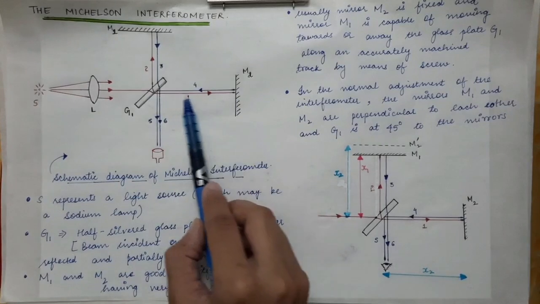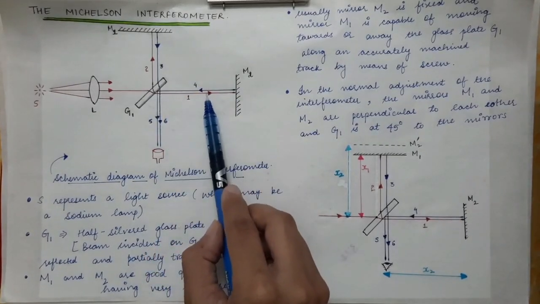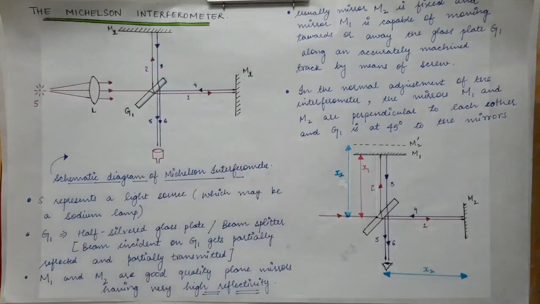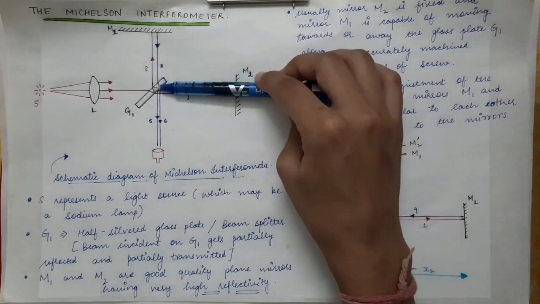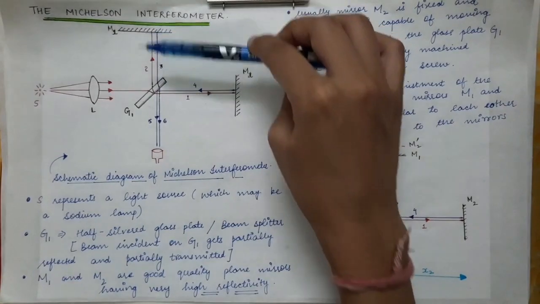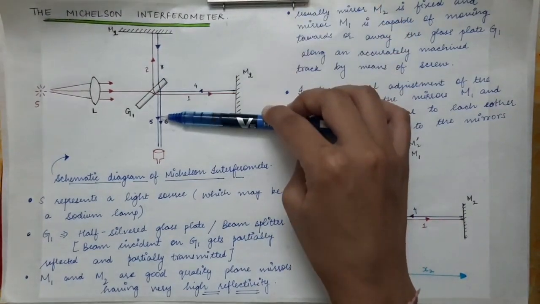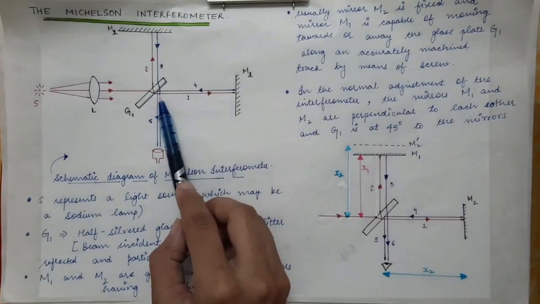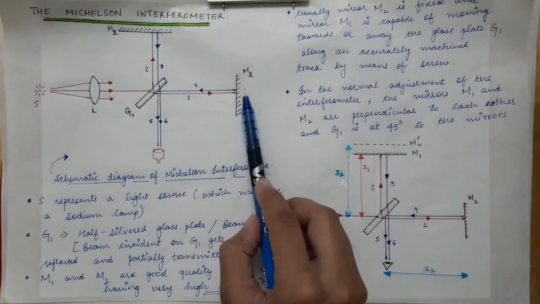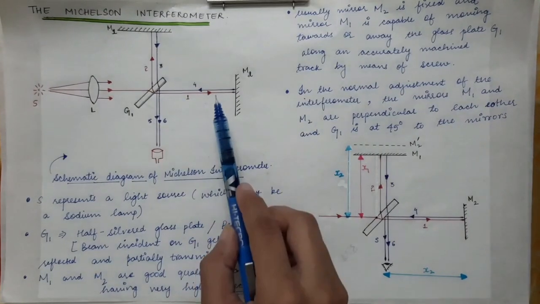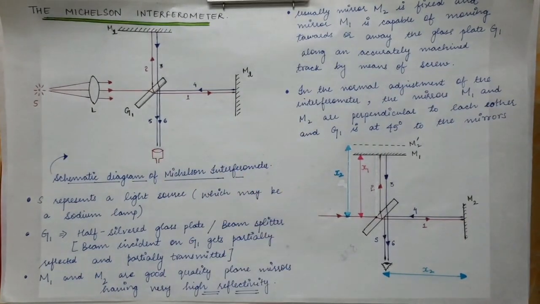So they will retrace their path and there will not be any difference as shown here. The difference in the two rays is shown just to make you understand that one ray is falling on the mirror and the other one is getting reflected from the mirror. Similarly over here, one ray is incident on the mirror and the other is getting reflected from the mirror. In actual, these rays will retrace their path in the opposite direction.